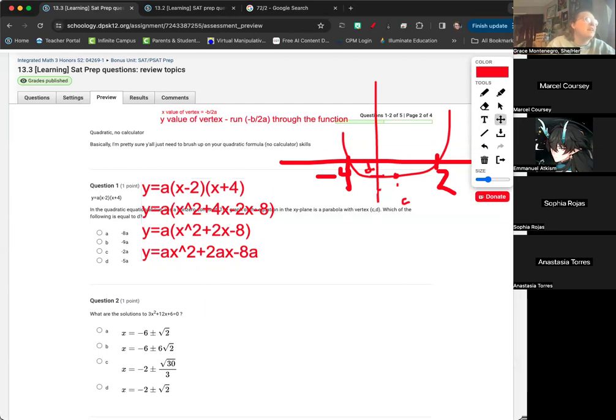We're going to find negative b over 2a. B value is 2a. This is a different a. Maybe this is a bad method. Okay, so negative b is negative 2a. On the bottom of the fraction, we have 2 times the a value, which in this case is actually a.